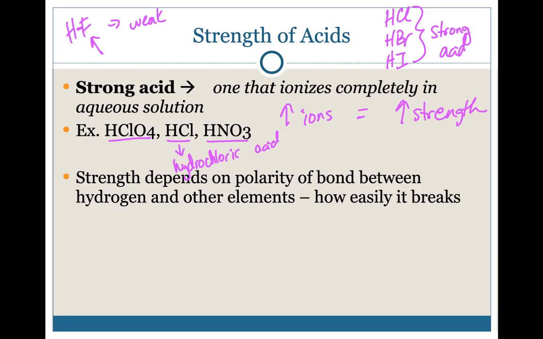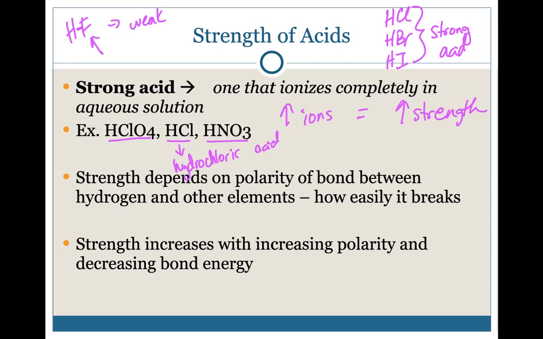When you go down the group of the halogens, your electronegativity is going to decrease, which means that the strength of your acids is going to become higher. If you weaken the polarity between the hydrogen and the rest of the compound, you're going to increase in strength because it's going to be easier to break that covalent bond between the two. So strength increases with increasing polarity and decreasing bond energy.